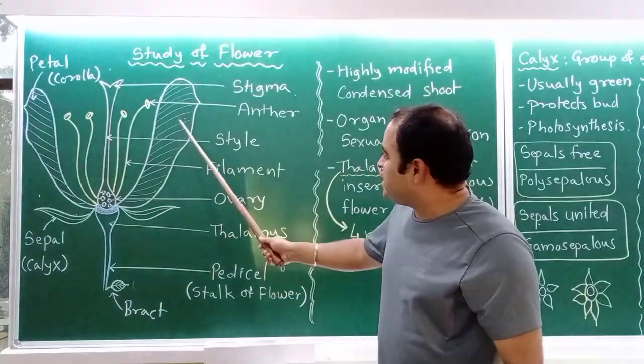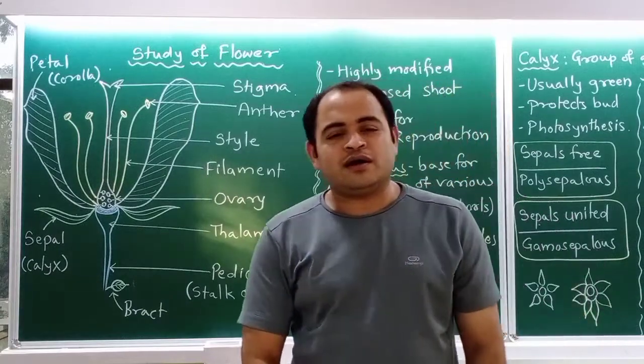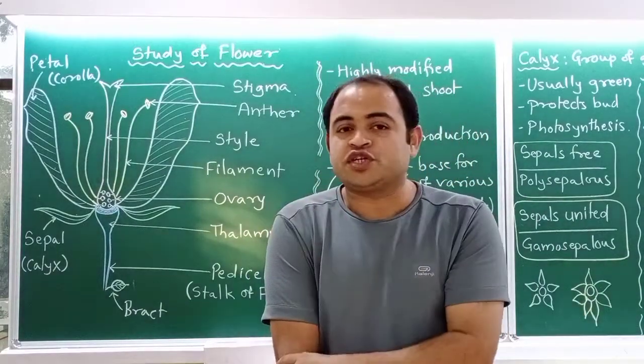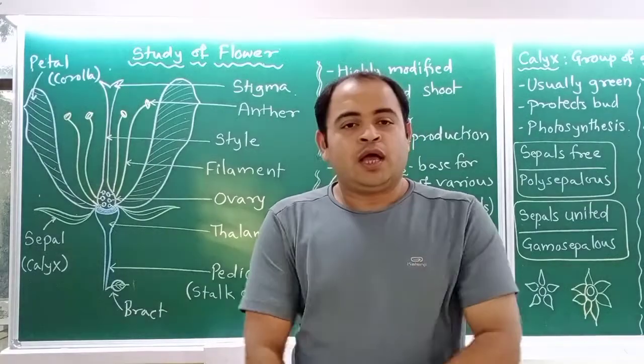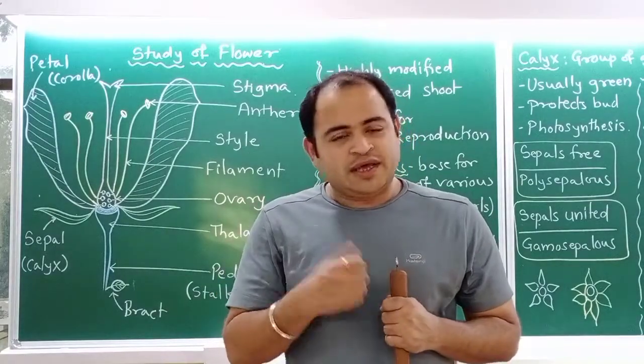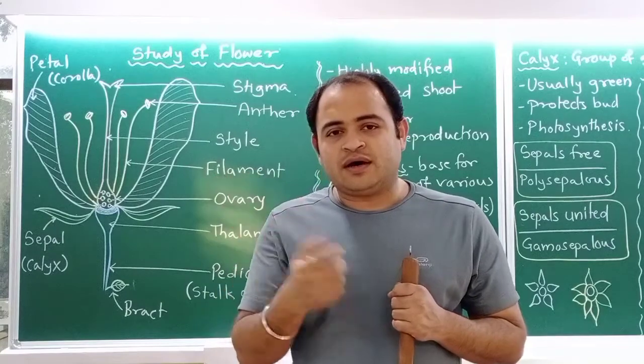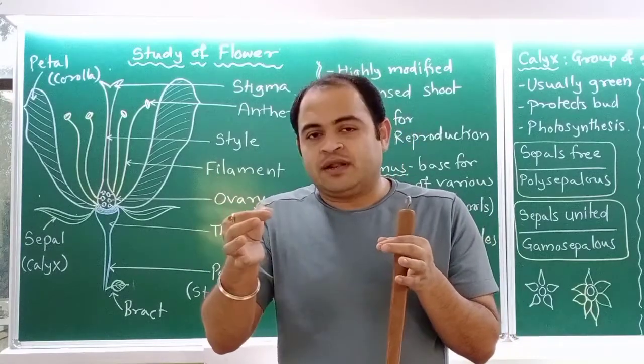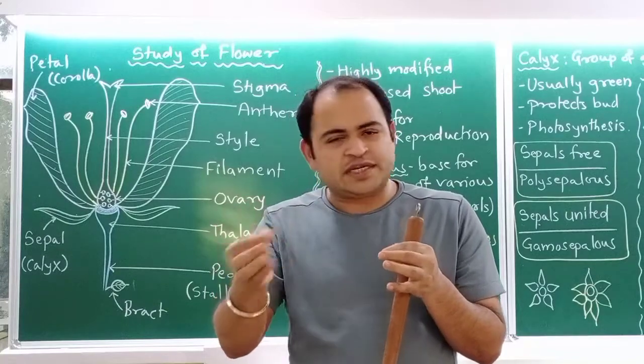Now, I am going to tell you the great thing beyond this particular structure, that is petals. Go to the garden, any garden, then pluck some flowers of hibiscus. Take out one petal, red color or orange color or white, anything.